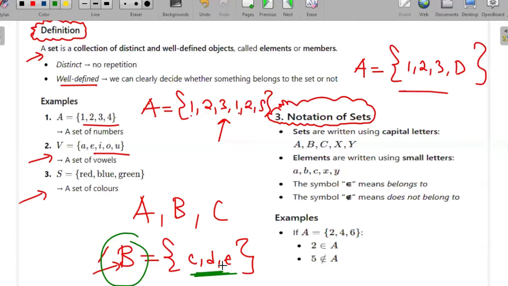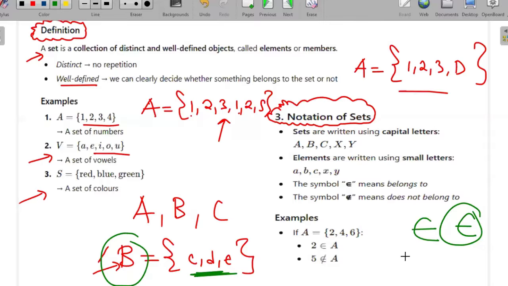And then to indicate that such an element, or such a member, belongs to this set, we are going to be using this symbol here. It's like an E, but not really an E. It's like you draw a C and then draw a line like that. This symbol indicates that a particular element belongs to a particular set.